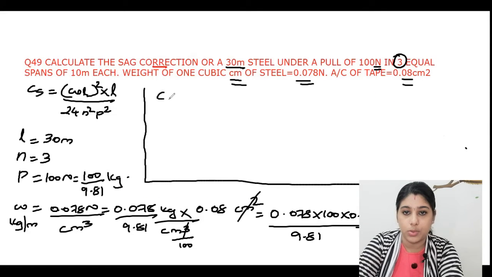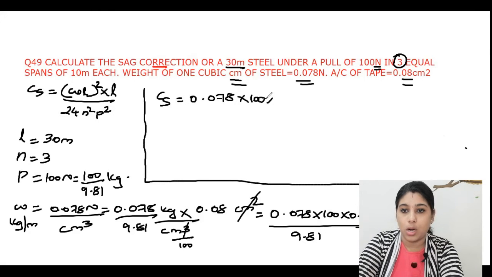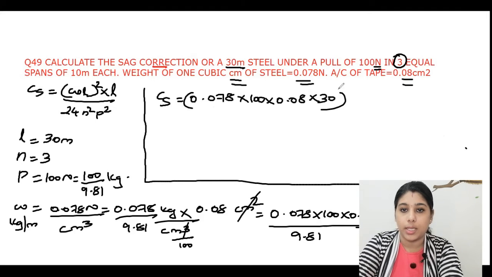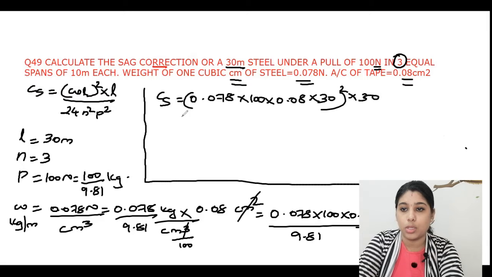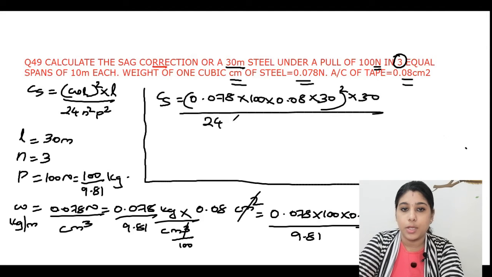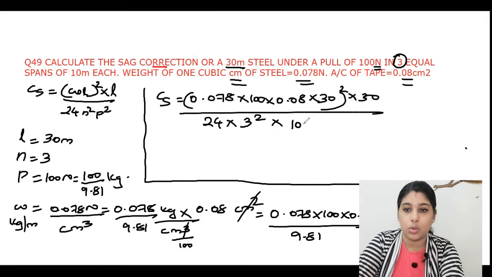So we can substitute all the values here. So Cs is equal to, what is the value of W? 0.078 into 100 into 0.08 into L, which is normally 30, the whole square, into 30, divided by 24 into N is 3 square into P, which we have already found, 100 by 9.81, the whole square.